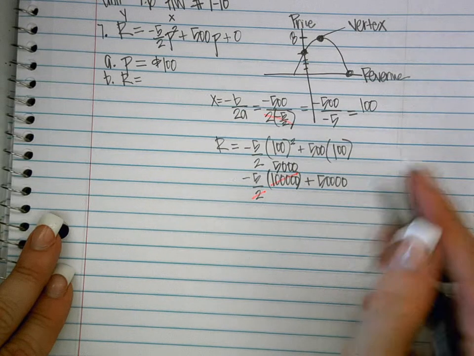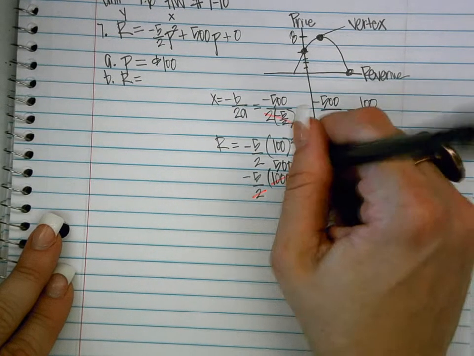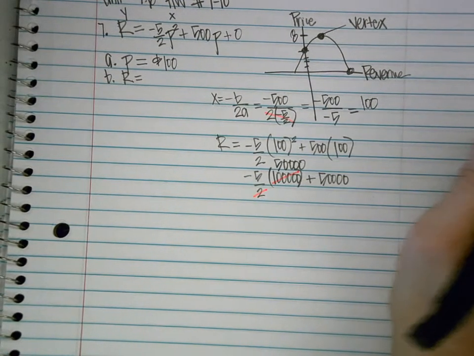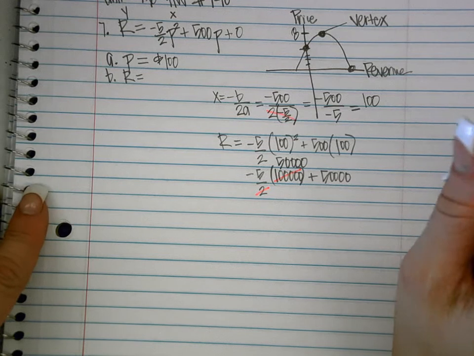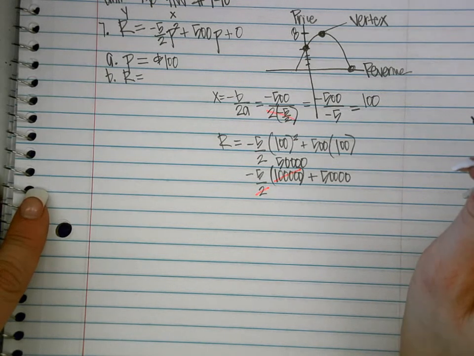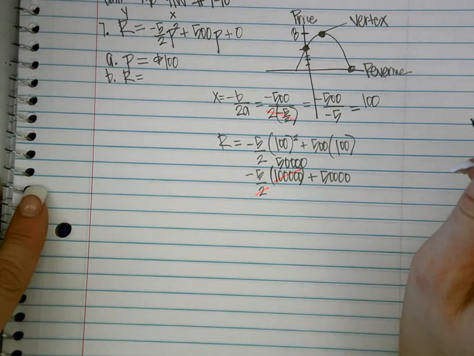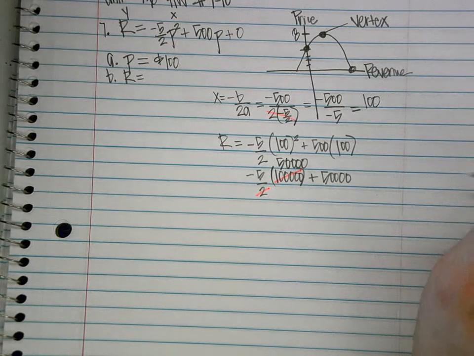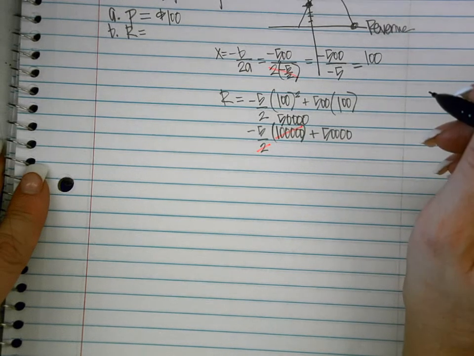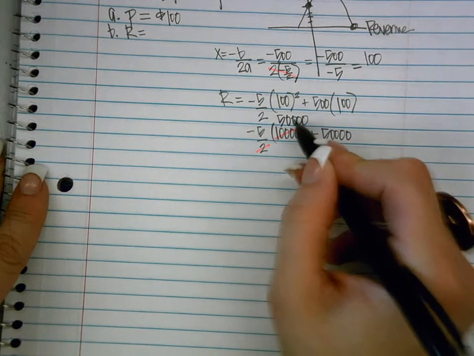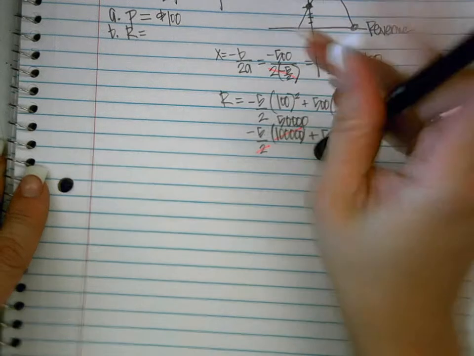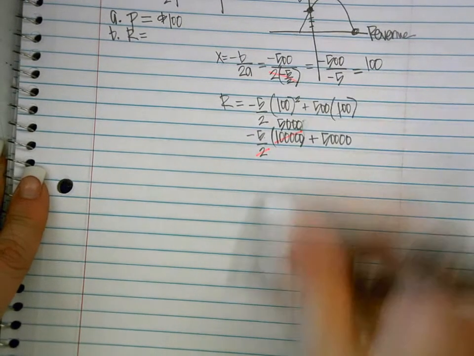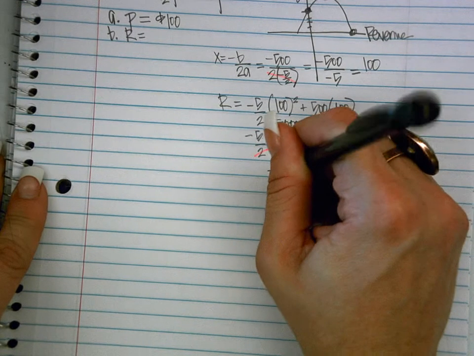Negative 5 times 5,000 gives you what? I'm multiplying. So negative 5 times 5,000 should give you negative 25,000.